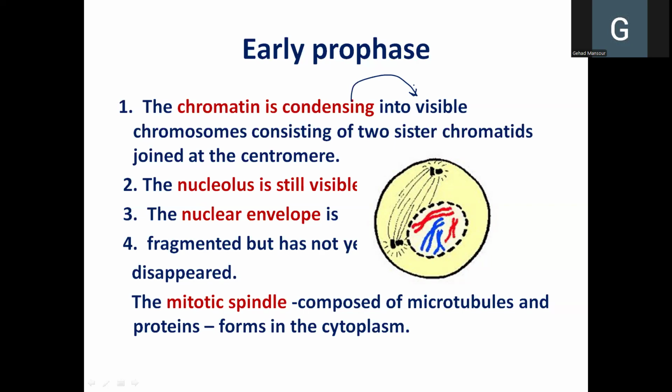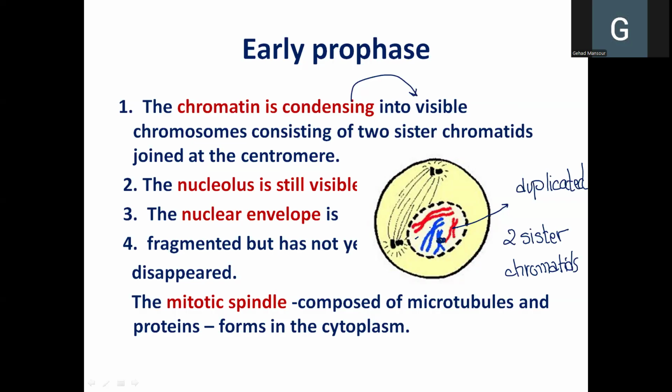And when they become visible, we can see that every chromosome is actually a duplicated chromosome, as we said in part 1 of the video, and every one of the duplicated chromosomes consists of 2 sister chromatids. The 2 sister chromatids are connected together at the centromere.